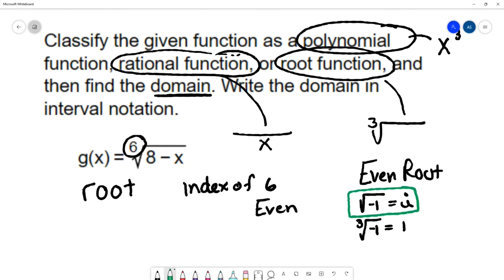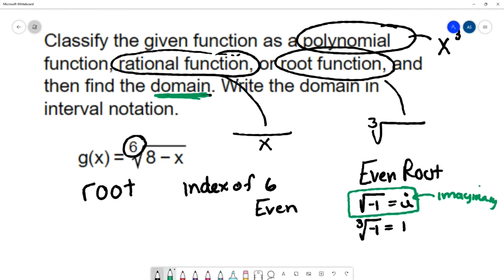When you have an even root of a negative number, you get an imaginary number. And when we're finding domain, we want to find only values that produce a real number, not an imaginary number.